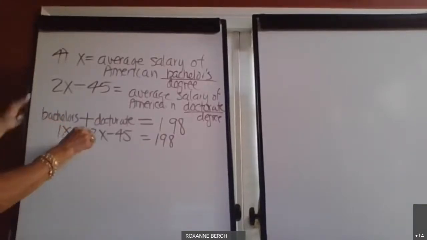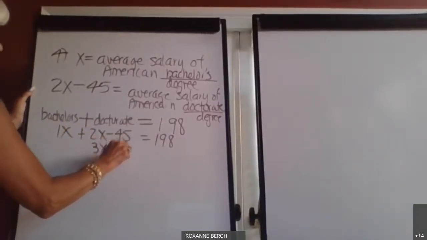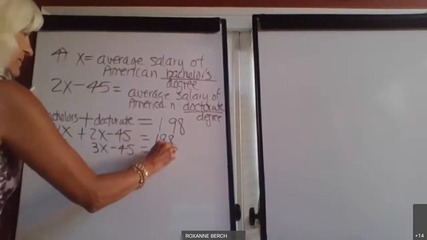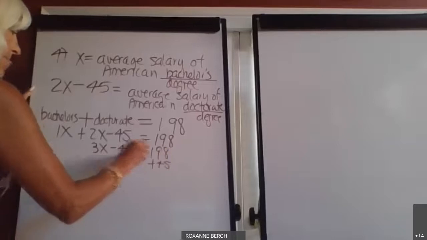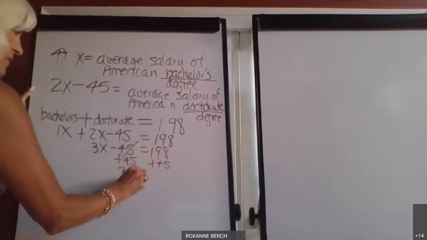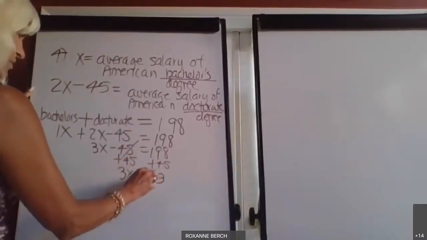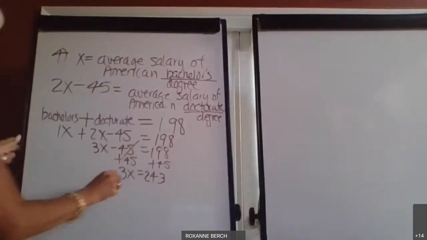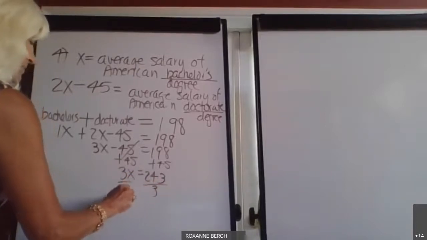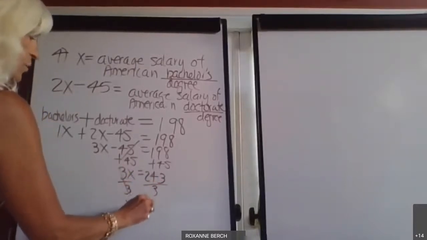So 1X plus 2X is 3X, and we just solve a linear equation. Add 45. What is that? 243. Divide by 3. 3 times what is 24? 8. 3 times what is 3? 1.